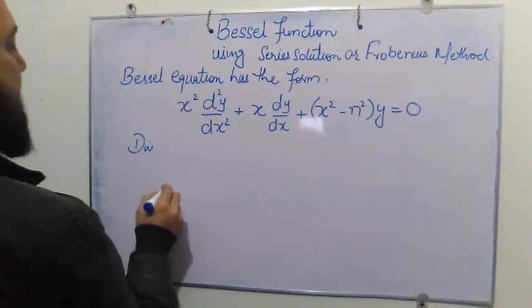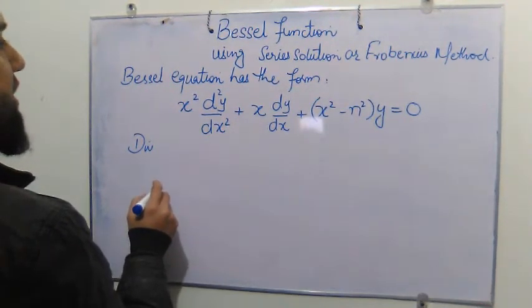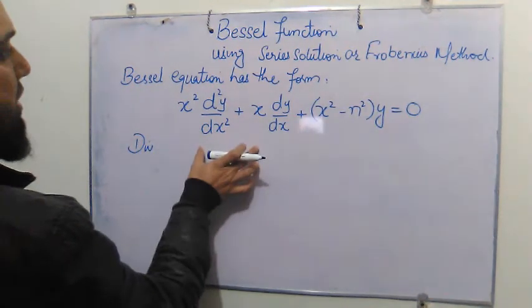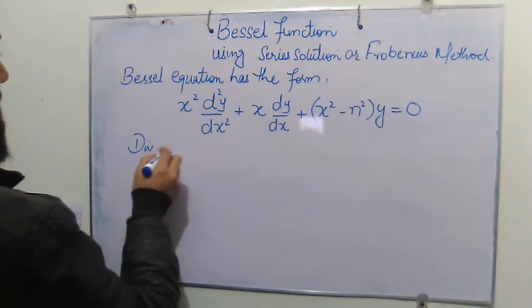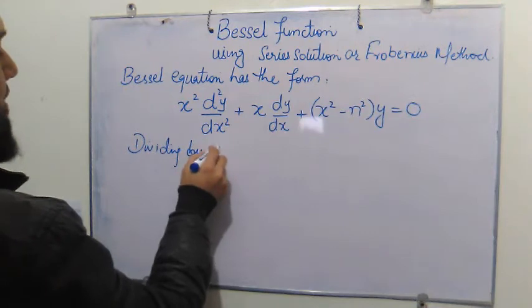So there are some standard forms and there are some modified forms. The equation is the same Bessel equation. If we have the standard form, we can change this by dividing by x square on both sides.